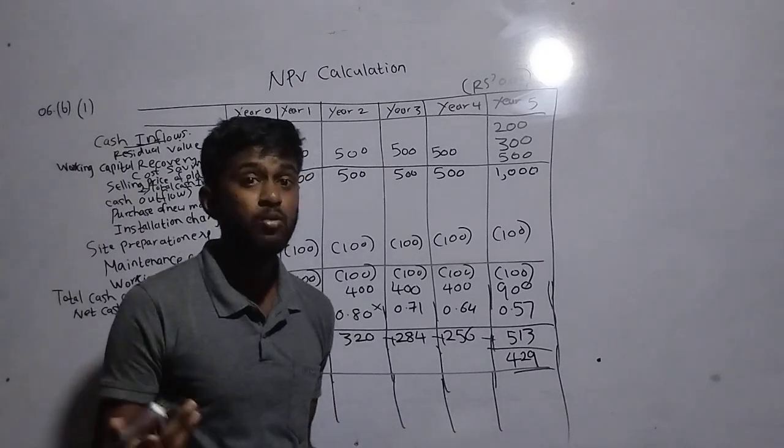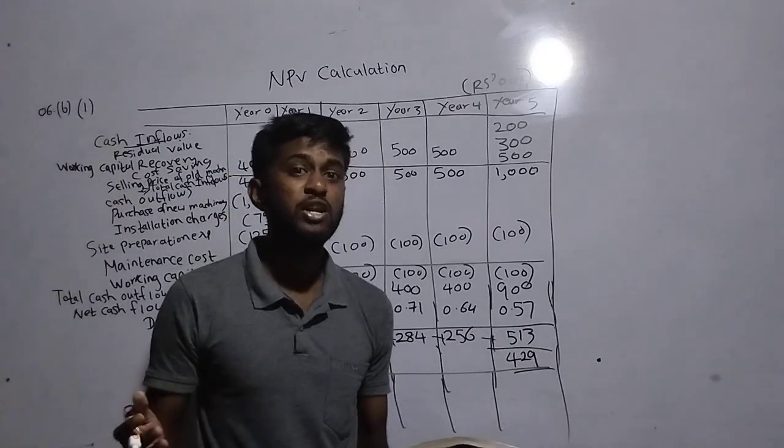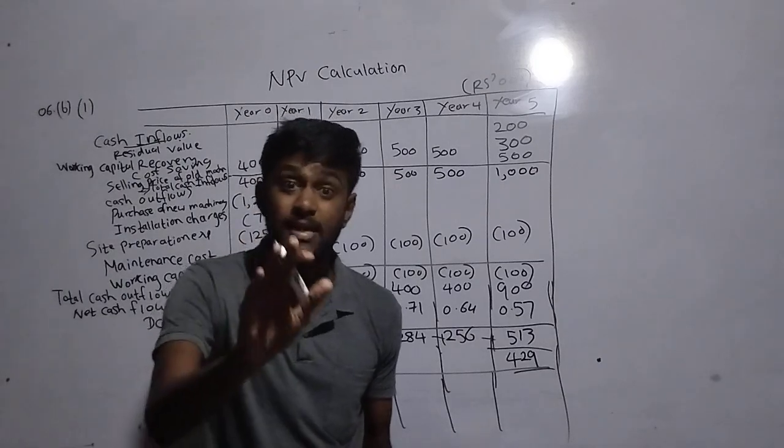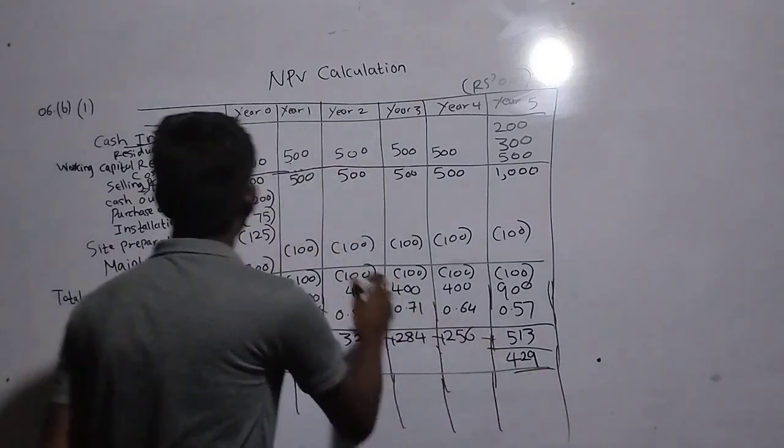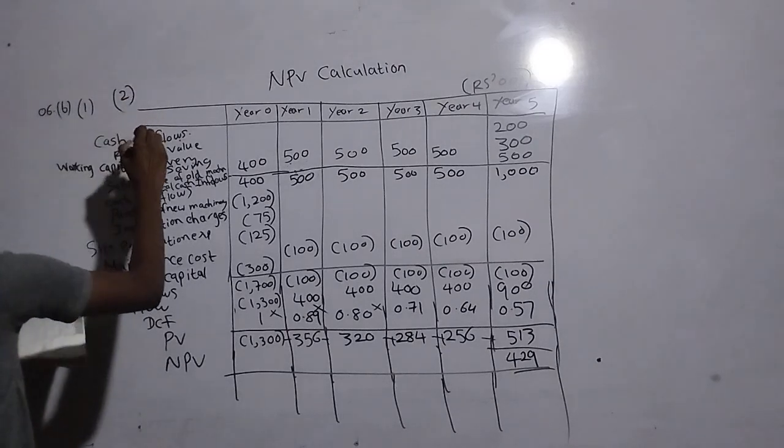Imagine you got a negative value. Then since the NPV is negative, this project cannot be accepted, right? But here it is positive, so you can write it like this. I'm going to write the answer for the second one here.